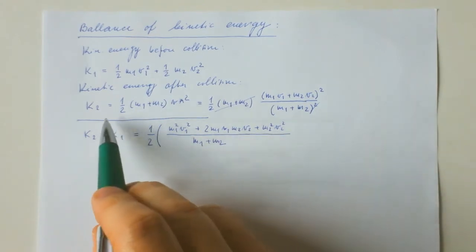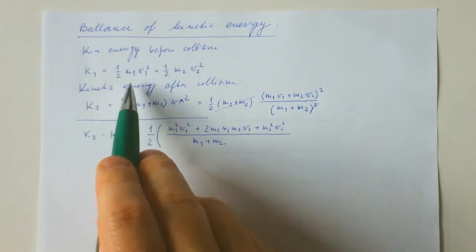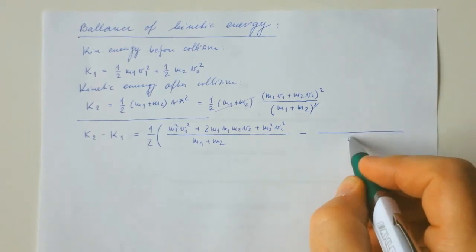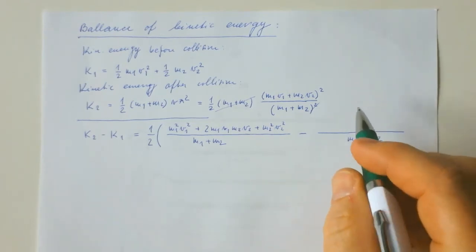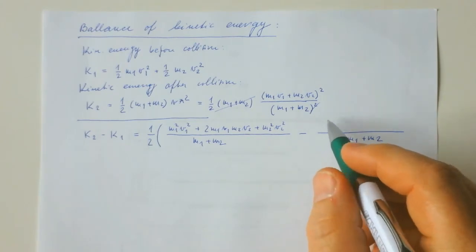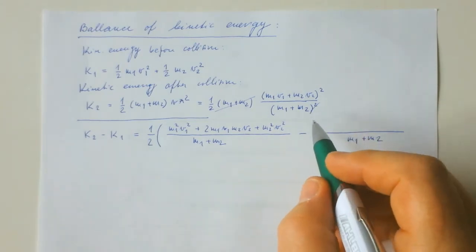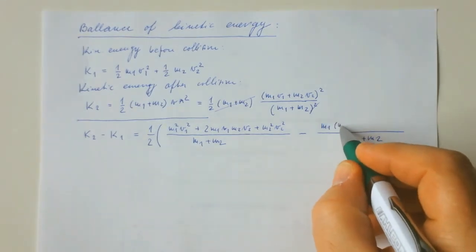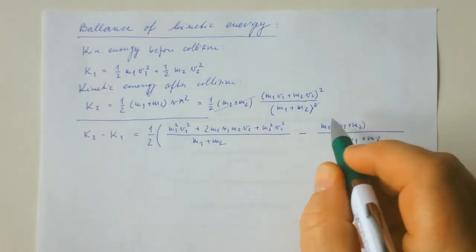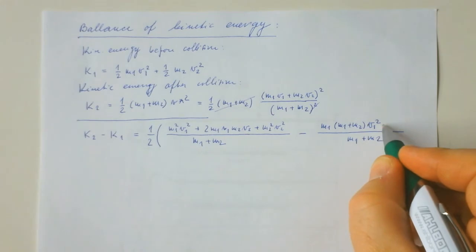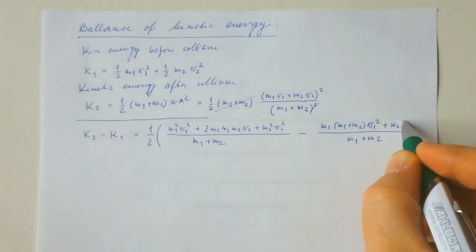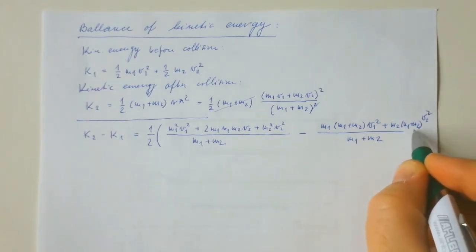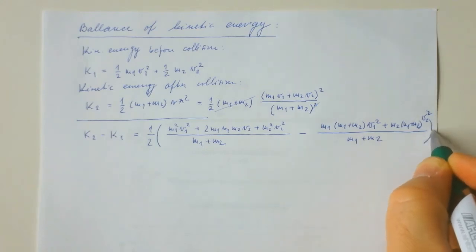Then K2 minus K1 has minus, and I expand it by this denominator: in the denominator there remains m1 times m1 plus m2 times v1 square plus m2 times m1 plus m2 times v2 square, end of brackets.